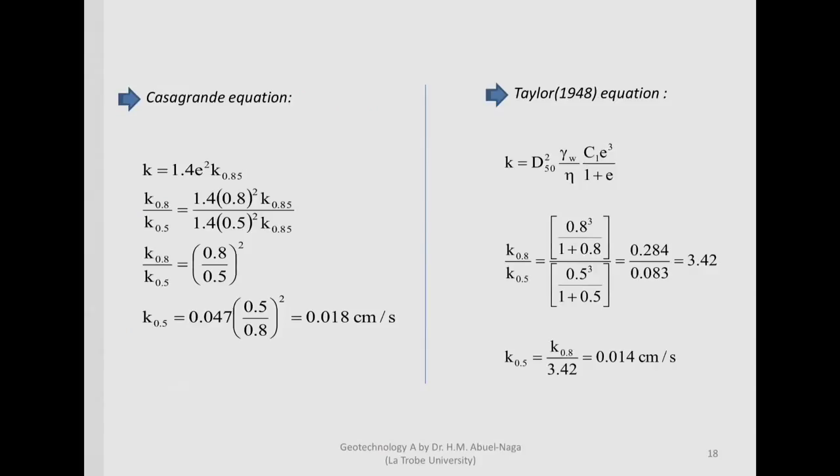Just to refresh your memory, we have this example that's already available in the formula sheet, and we use either the Casagrande equation or the Taylor equation, and we were given the hydraulic conductivity at a certain porosity, and we were able to determine the hydraulic conductivity at a different porosity. So if you go to the lecture notes and review this example, definitely you will be able to solve this part of the question. Thank you very much.